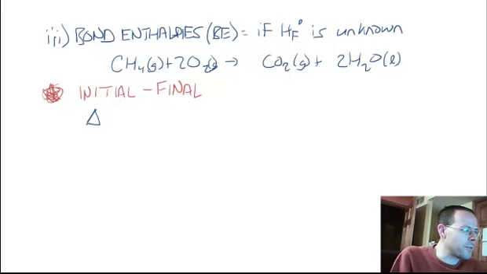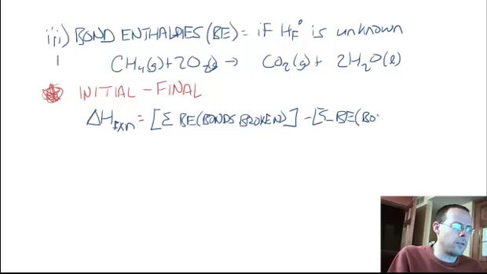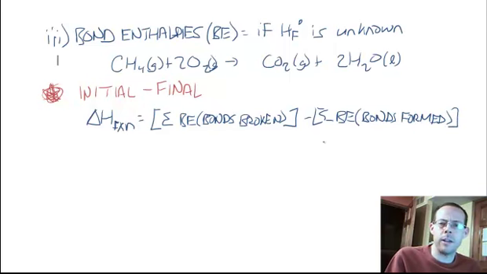And the way that works is our delta H of reaction is going to equal the sum of the bond enthalpies of bonds broken minus the sum of the bond enthalpies of bonds formed. And because bonds broken are our reactants, and we're forming new bonds in our products, it ends up being initial minus final, or reactants minus products.